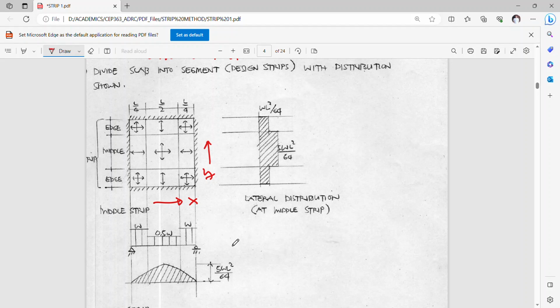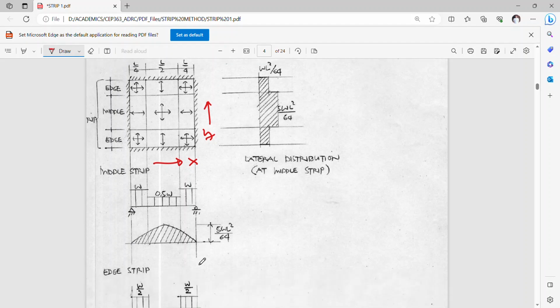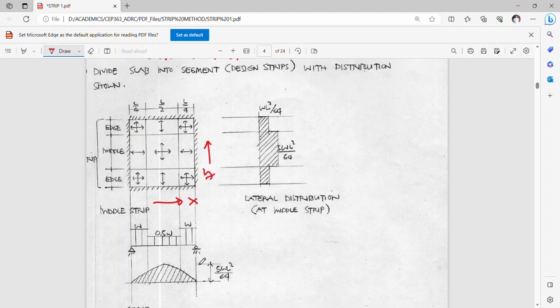the lateral distribution of moment at the middle strip is considered here.